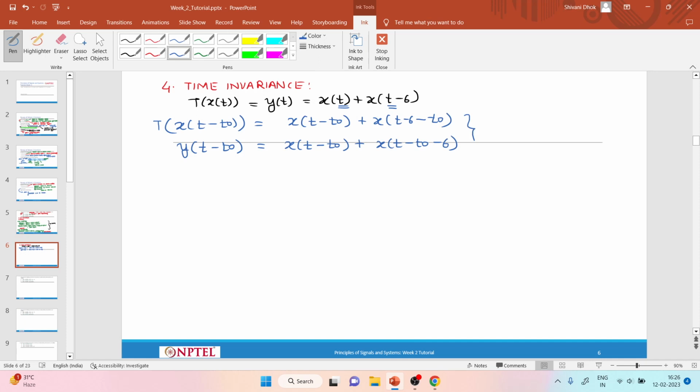If we compare these two, they are equal. So the shifted input leads to a shifted output, and the amount of shift is also the same, and that's why this system is time invariant.